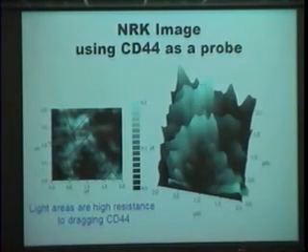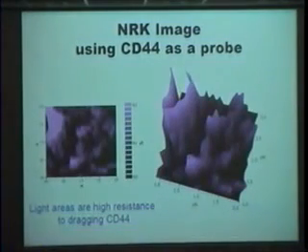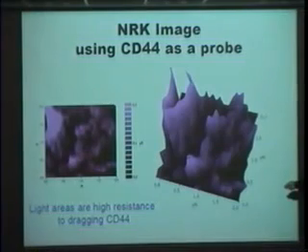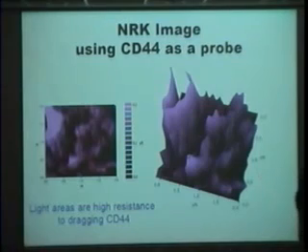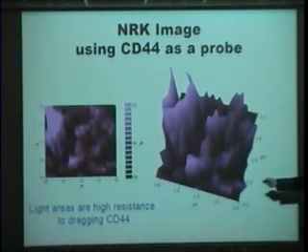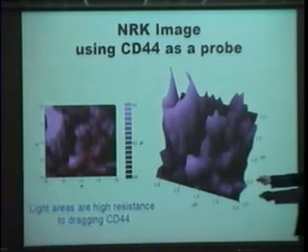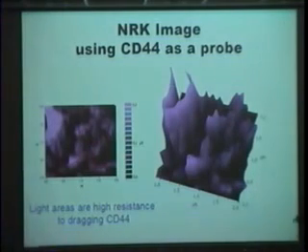And if we do it another day, another cell, we again get these long lines of high resistance with areas of no resistance, which looks a lot like the trajectories we saw of CD44 on the NRK cell. And the sizes of these areas are on the order of a half a micron. Fits right nicely with what we see from the SPT.